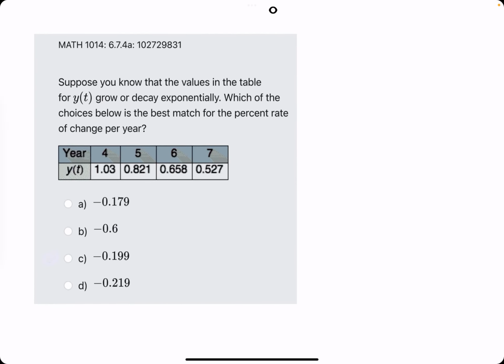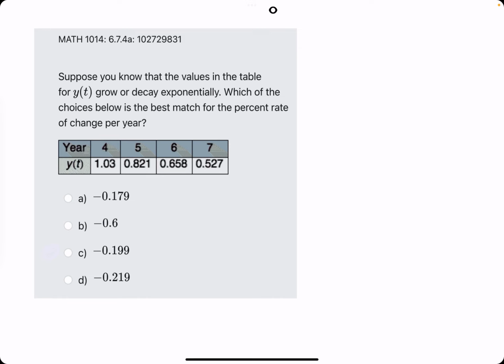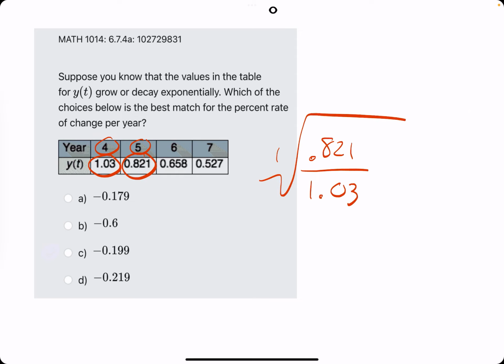So let me try that shortcut with this, and hopefully it'll make a little bit more sense. For this one, taking these first two values, I'm just going to divide these two. So I'm going to do 0.821 divided by 1.03. Then, however far apart these are, I'm going to take that root of this result. I'm going to take the first root, but that's really just raising it to a power of 1 over 1, which doesn't change it. So a pretty bad first example to do with the shortcut, I'm sorry.